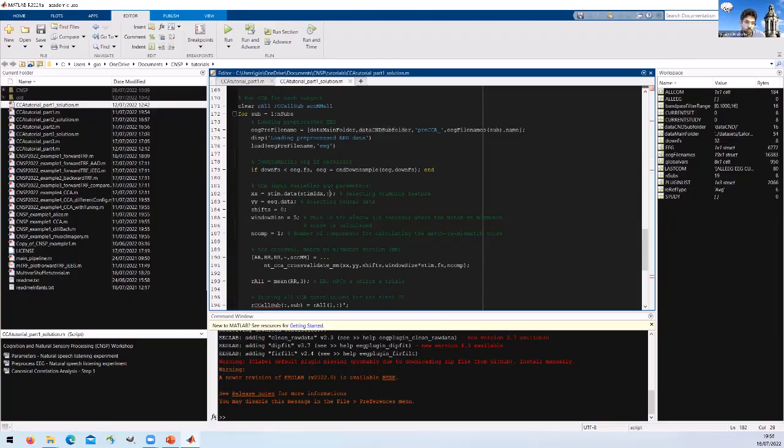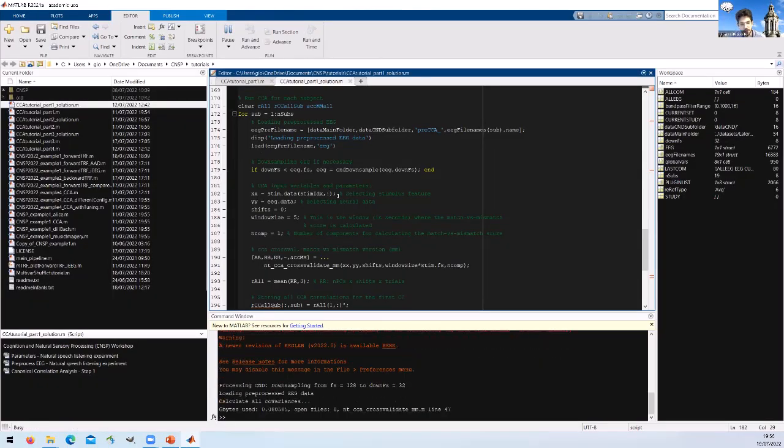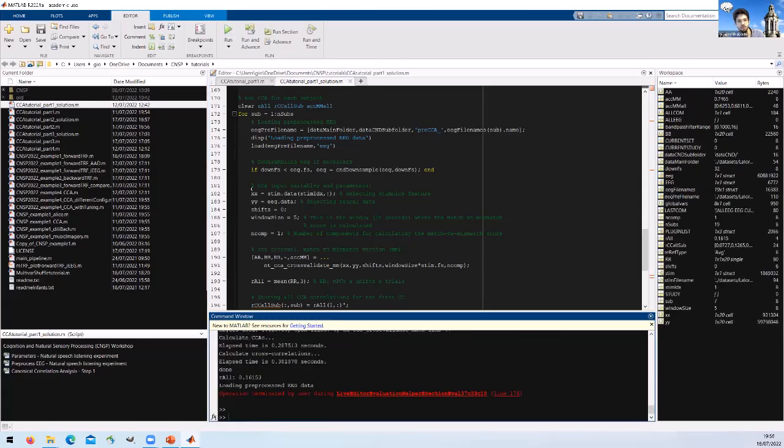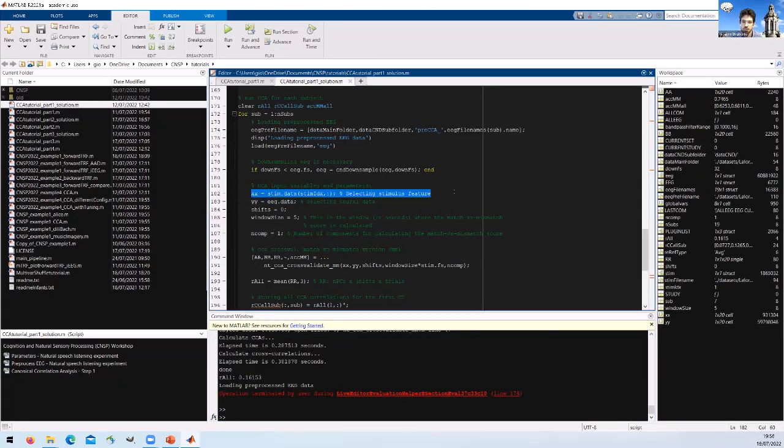But if you run this, what is going to happen is that the code is going to run for every subject. It's going to be fairly fast. And what is this code doing? Exactly what I said before. You take your XX, so your stimulus matrix, your data matrix for the envelope.